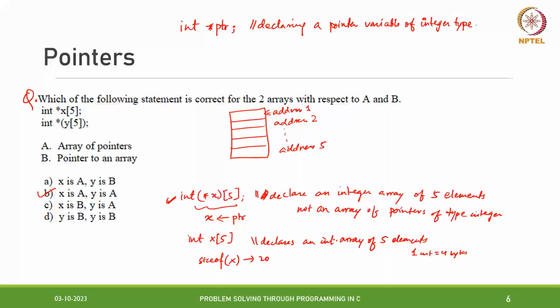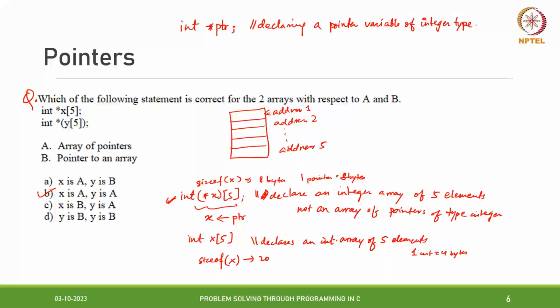But in that other example, if I write size of x, this will give me a value of 8 bytes, since one pointer is 8 bytes.